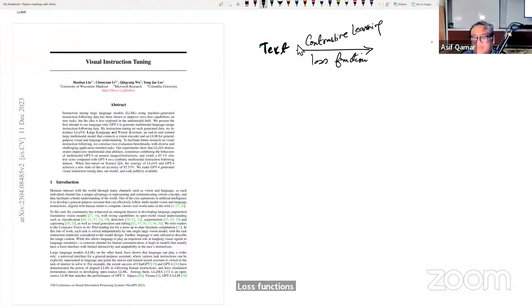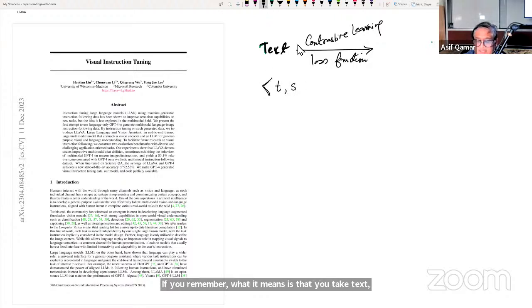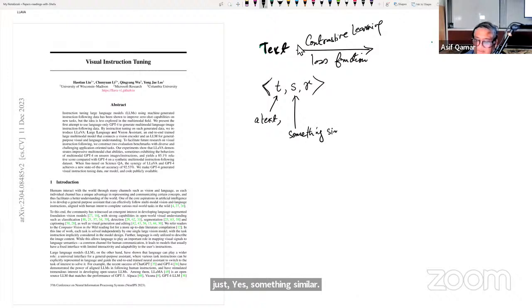If you remember, what it means is that you take some text, let's say T. You take a similar text to it, something similar in meaning, or what you would say semantically similar, like, let's say, the cow jumped over the moon, and a sentence that's very similar to it.